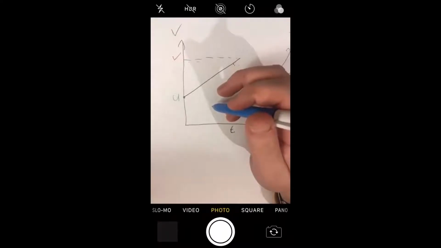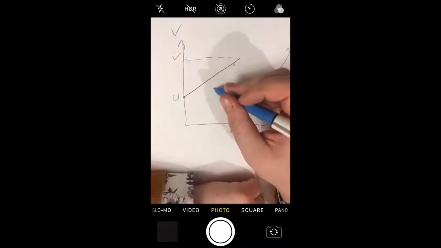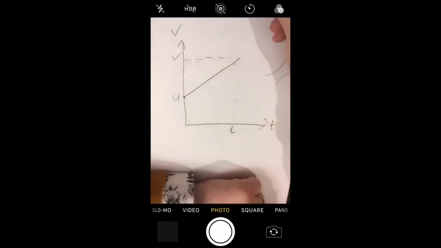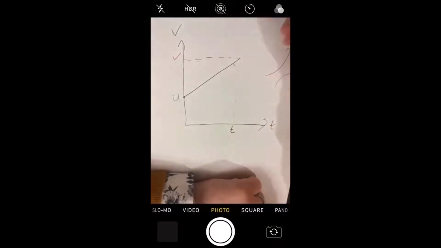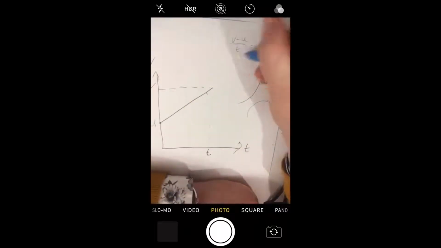Well, we could find out the gradient of this line, but that's not actually what I want to do. But if we found the gradient of the line, going rise over run, so v minus u over t equals a, we would actually get v minus u equals at.